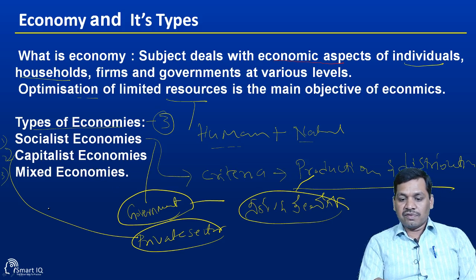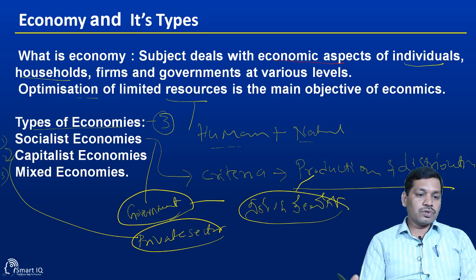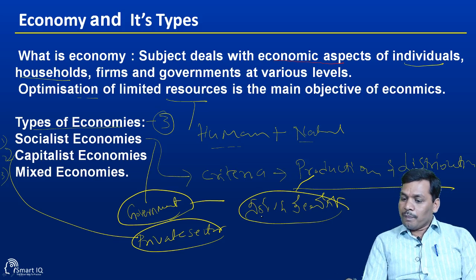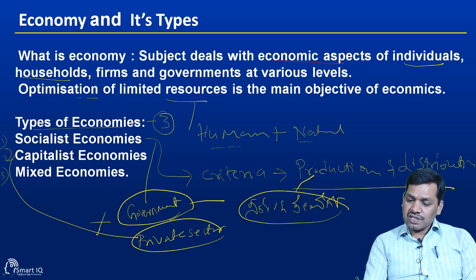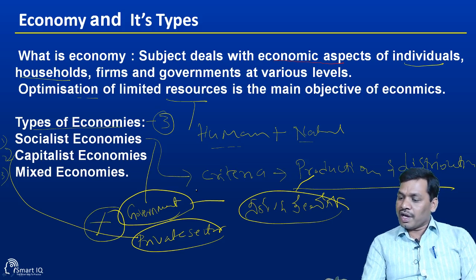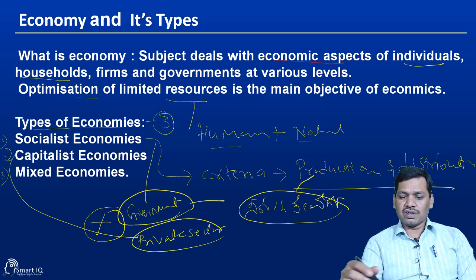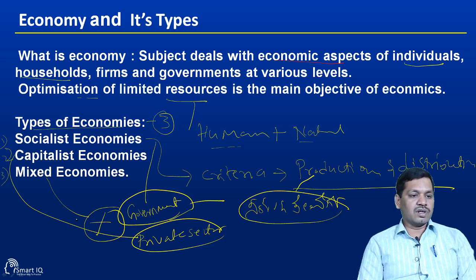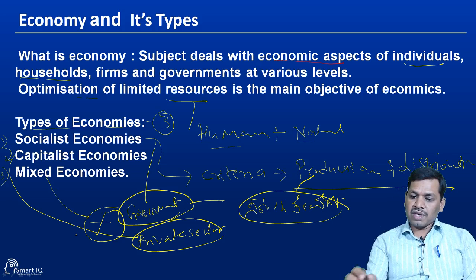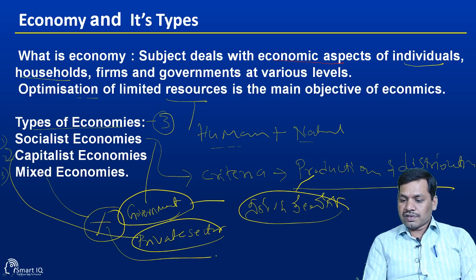Whereas if in the economy, goods and services are produced with the simultaneous existence of both the government as well as the private sector for the production and distribution of goods and services, then such economies are said to be mixed economies. So the good example for mixed economy is India.